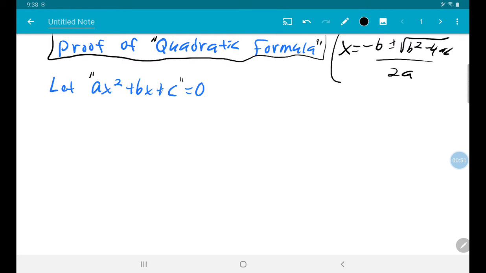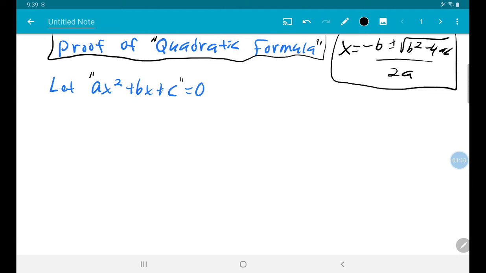That's what I want to show is true for these zeros. To do it, basically you use the completing the square method. So in essence, completing the square did come before quadratic in that it's used to prove it. So let's get into this.